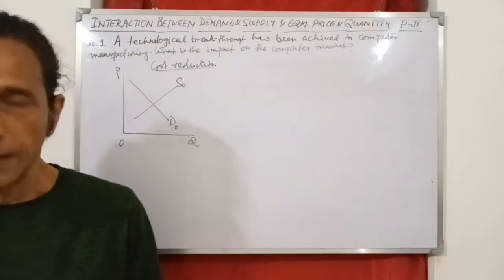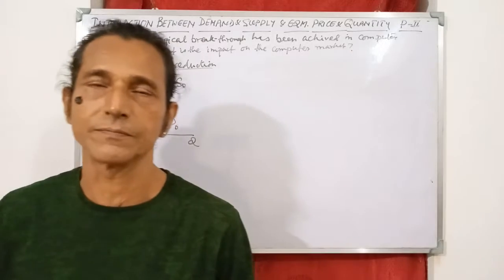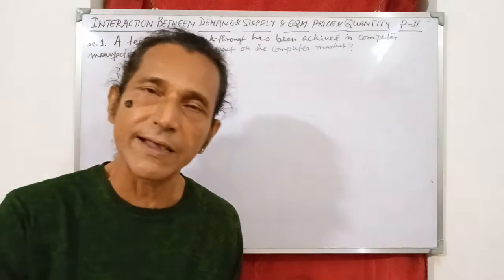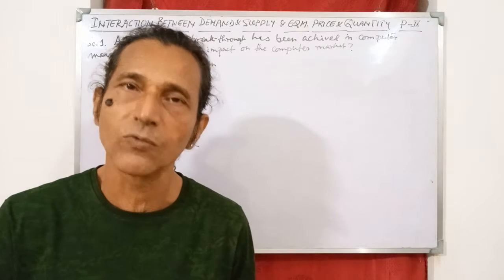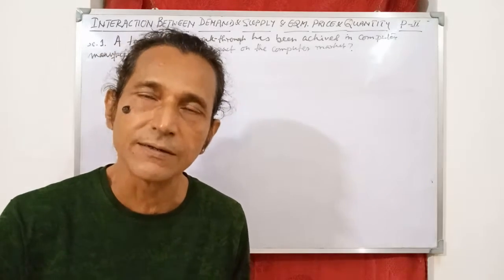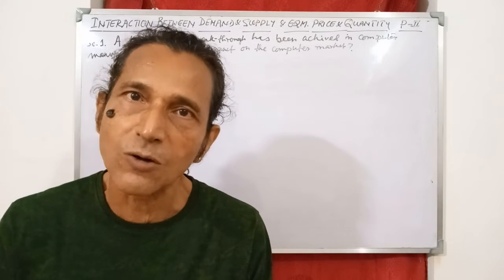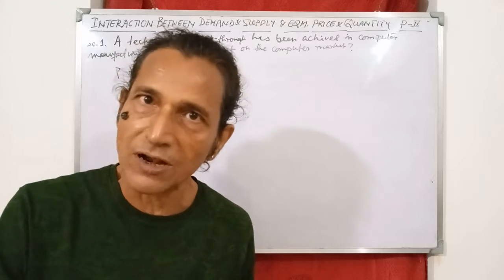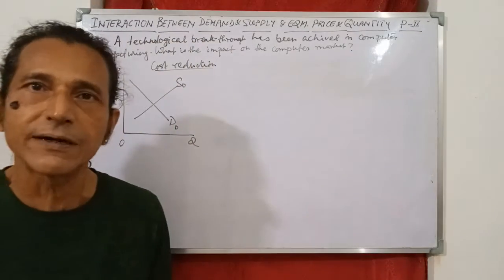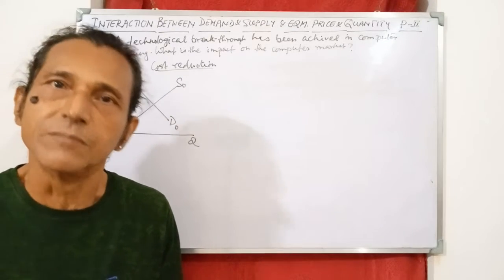Now, as the cost of production of computer has fallen, so it will impact the supply side of the market. Why? Because as cost of production has fallen, the producer will be able to supply more of the commodities at equal price or at lesser price. Correct? But there won't be any change in the demand side.